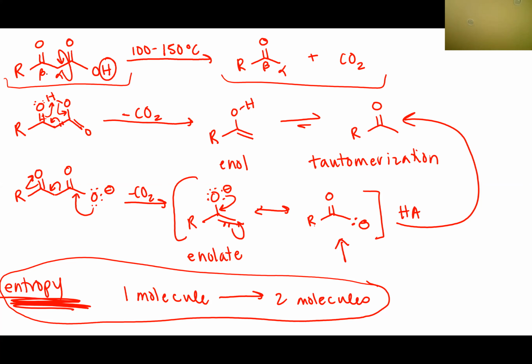Well, so the reason that this breaks is because when you form that pi bond here, that step that you're talking about, it forms carbon dioxide, and this is really favorable. Forming carbon dioxide instead of just pushing the electrons here means that you are releasing a gas, which is a driving force, and also that's entropy right there.